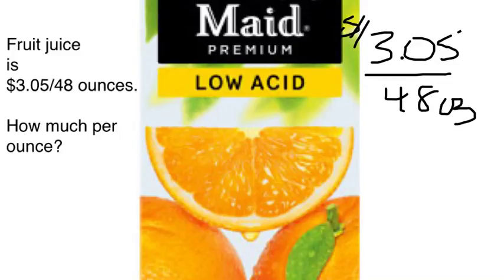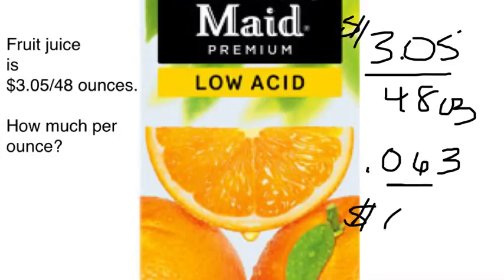Well, the 3 decimal places I got was 0.063, and since this is money, I can only have 2 places, so the 3 tells the 6 to stay the same or stay where you're at. So my answer is going to be 6 cents for 1 ounce.